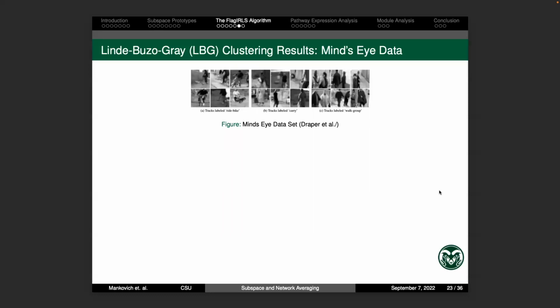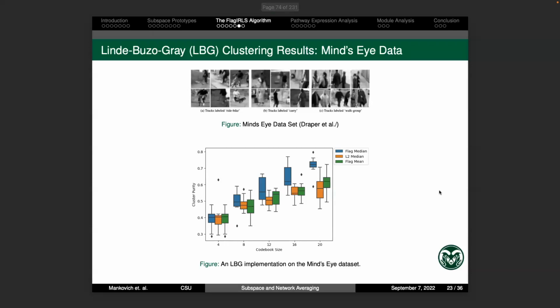Now we're going to use these subspace prototypes within a larger clustering algorithm, which clusters similar points together using these prototypes at each iteration, and then see how they perform in comparison to one another. When we do that, we see that the goodness of the clustering changes based on which representative you use.